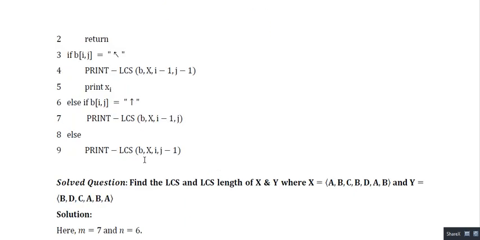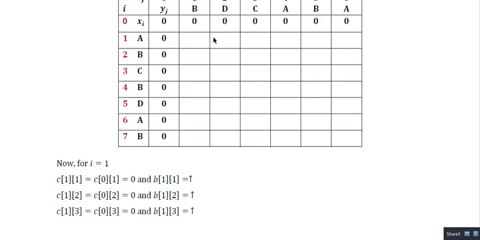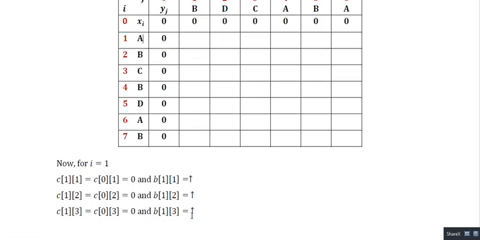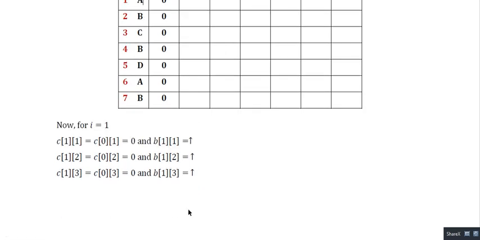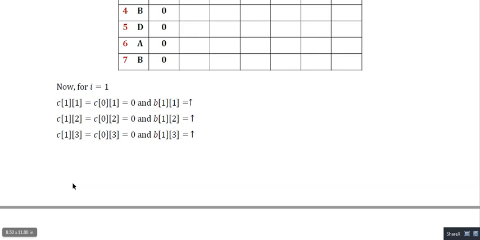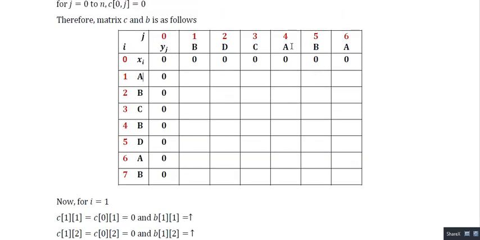Okay. So similarly, you go for the second entry, C12. Just check A, is it same as D? No, right? Again the second condition is satisfied, so it will be C02, which is 0, and the same. Similarly C13 will be the same, 0, with an up arrow. So now coming to C14, here it is A, right?